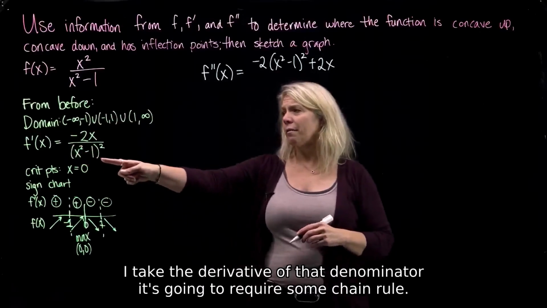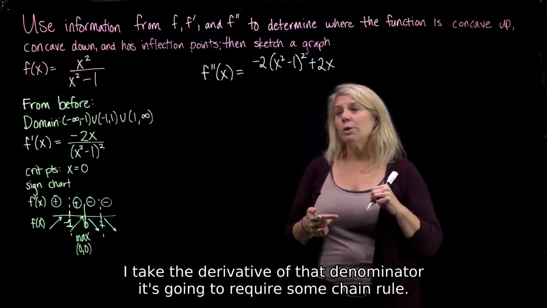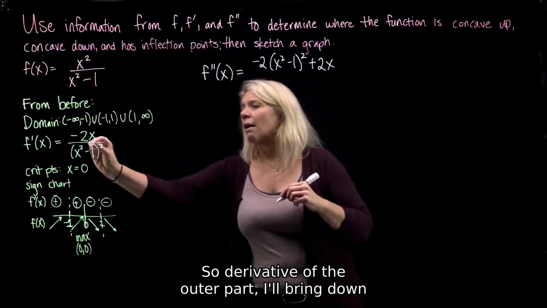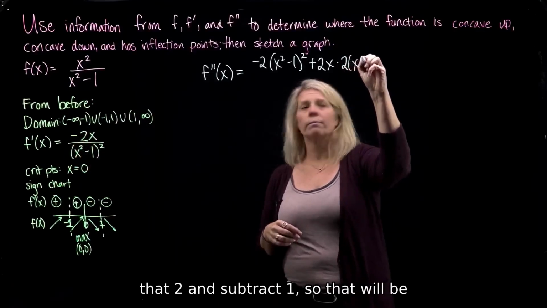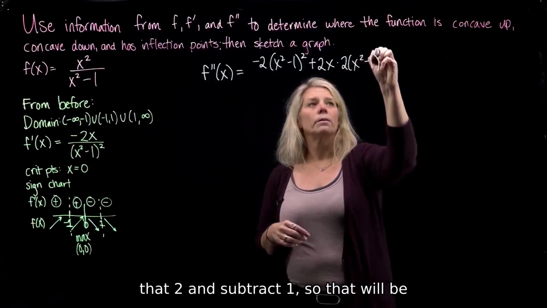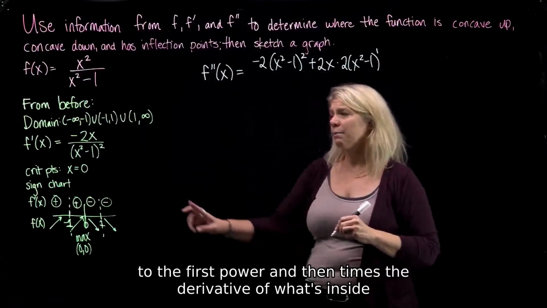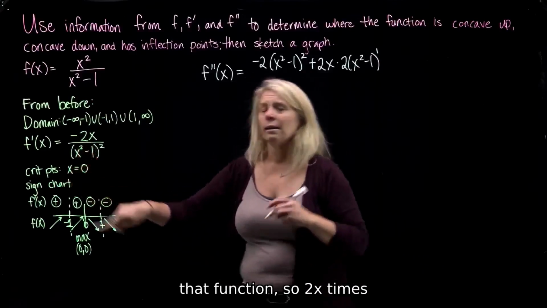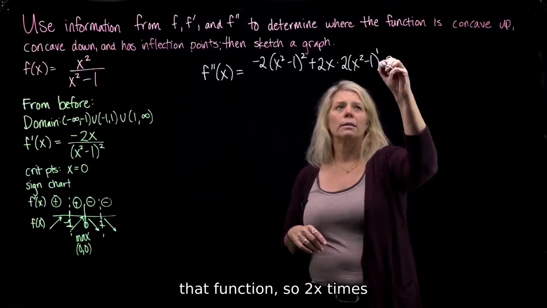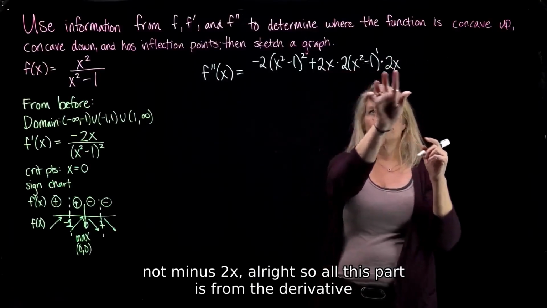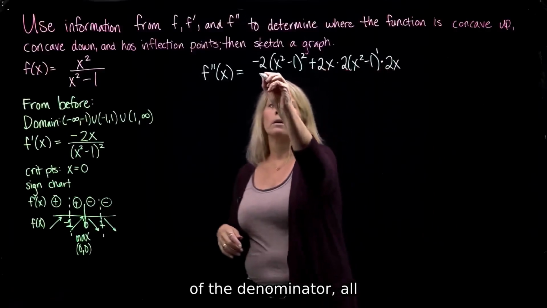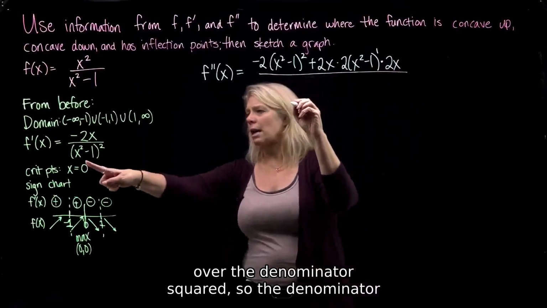And when I take the derivative of that denominator, it's going to require some chain rule. So derivative of the outer part, I'll bring down that 2 and subtract 1, so that'll be to the first power, and then times the derivative of what's inside that function. So 2x. All this part is from the derivative of the denominator, all over the denominator squared.